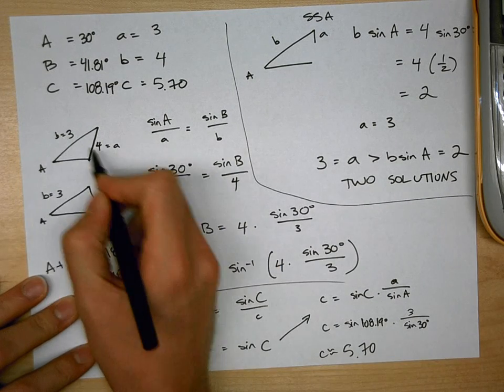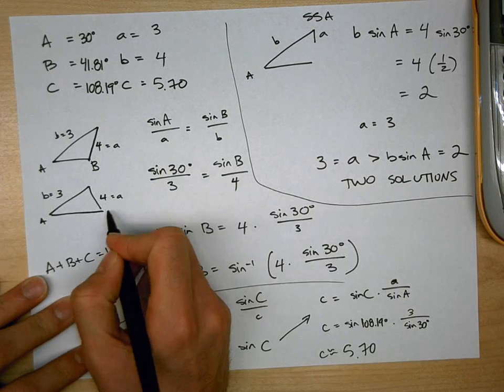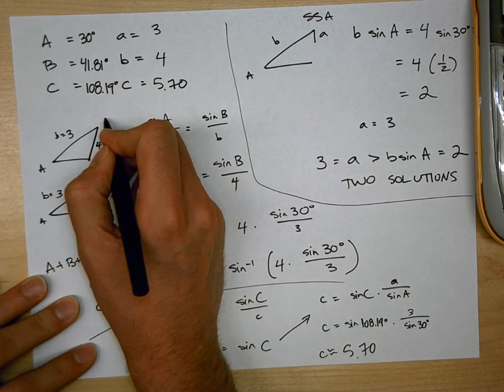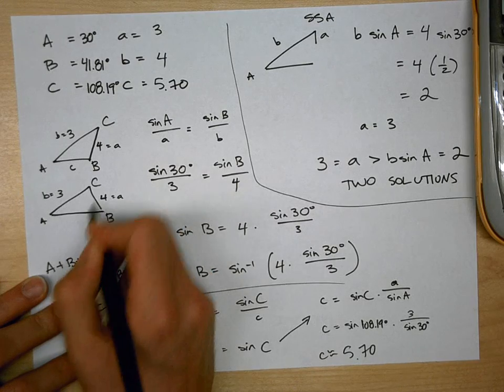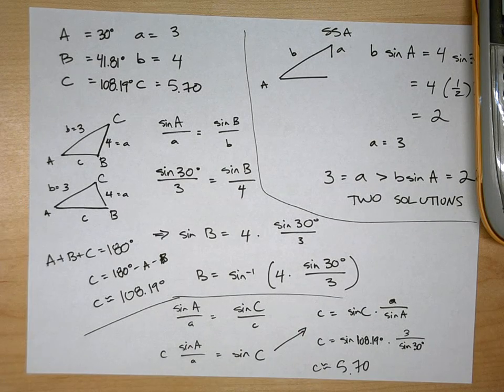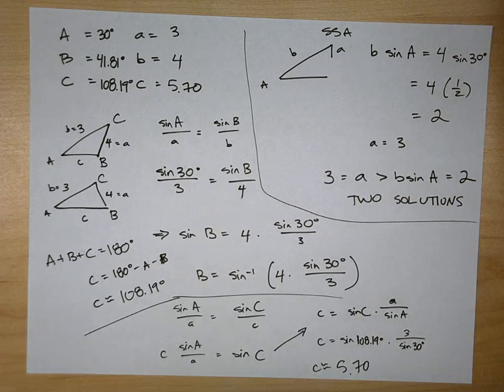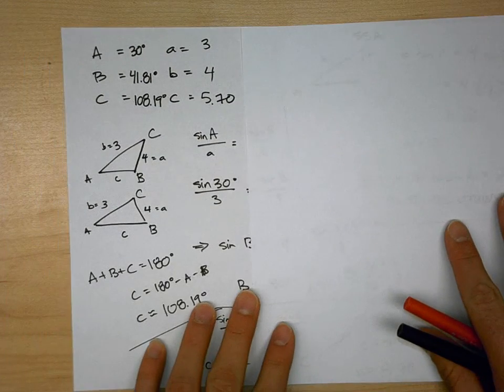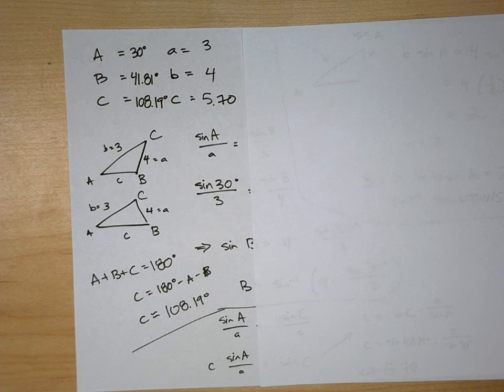Little b is going to be opposite of angle B, and so this angle down here is B. And then these guys are going to be big C and little c. So what I need to worry about now is, yeah, what I said earlier, whether or not they're acute or obtuse angles.